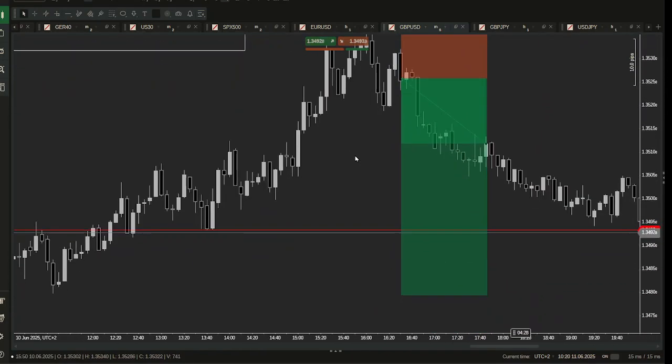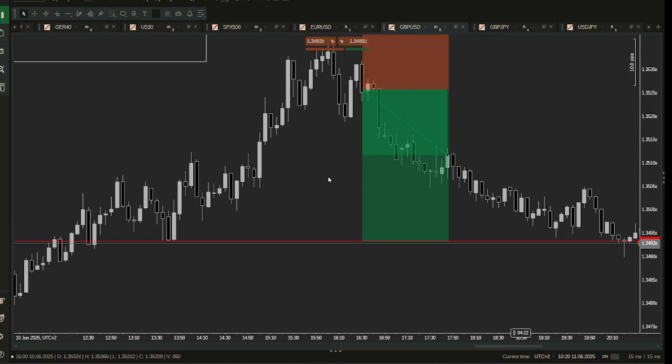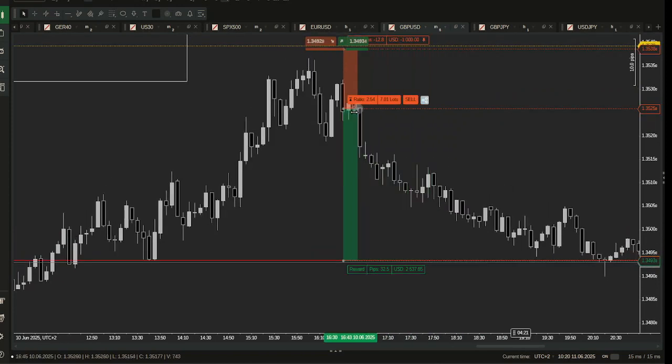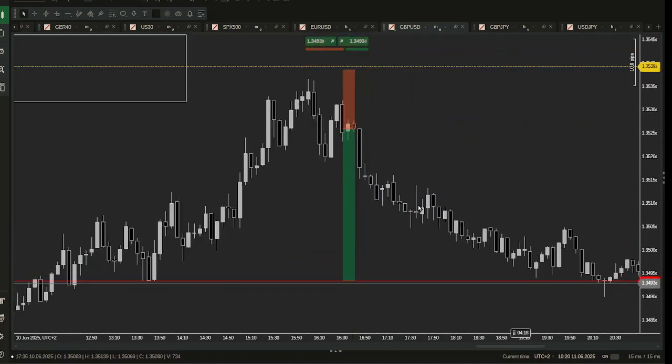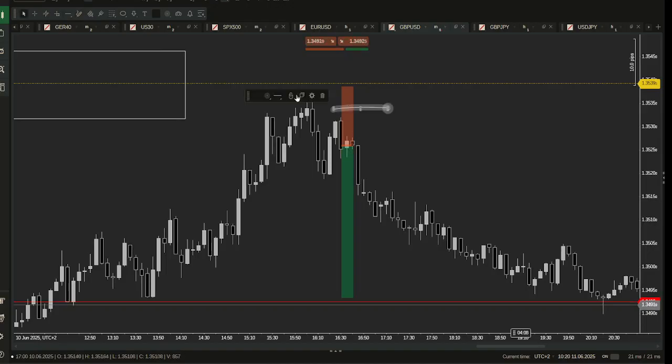Later I revised my stop and take profit to this level, and I didn't get it because I trailed the stop. After this big one, I trailed it to here, and so that's less risk.